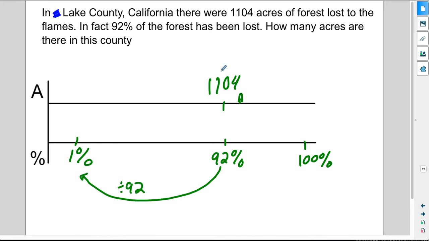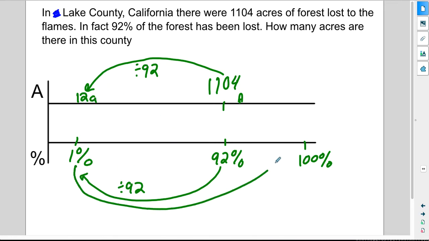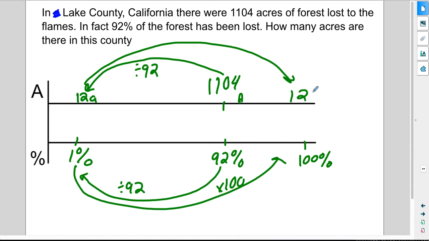I'm going to go from 1,104, divide that by 92, and I'll see that that's just 12 acres. So 1% of the land is 12 acres. And to go from 1% to 100, we multiply by a factor of 100. We'll do that similarly here. And we'll see that there are 1,200 acres of land in Lake County, California.